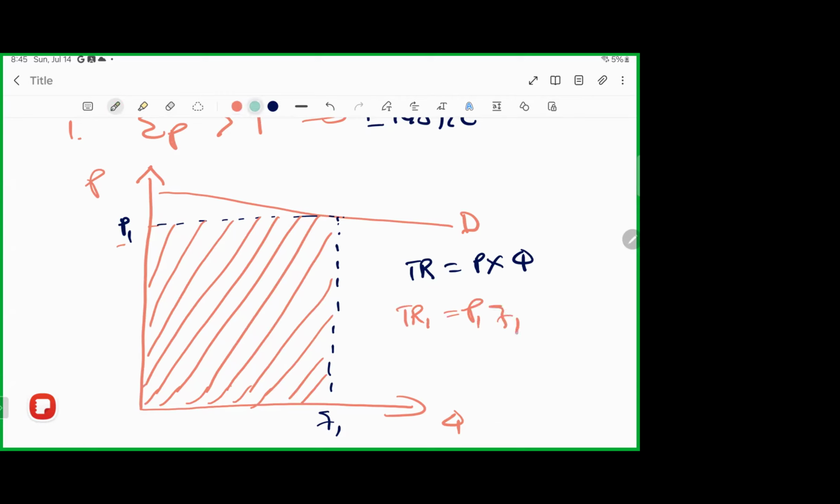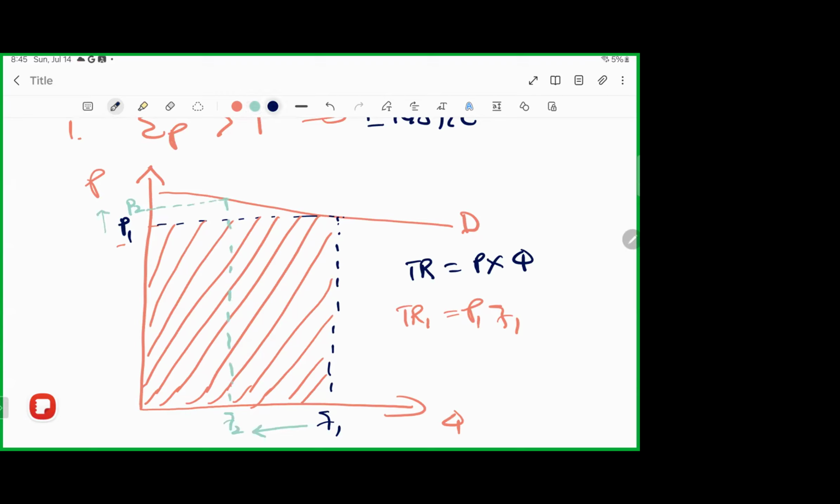But the seller decided to increase price to P2 just a little bit to make more revenue. Once you increase it, remember, quantity will fall. So we have this as the demand curve, then you come down to the quantity demanded. You realize that quantity demanded will fall as a result of the marginal increase in price.